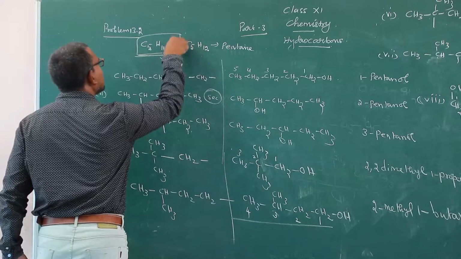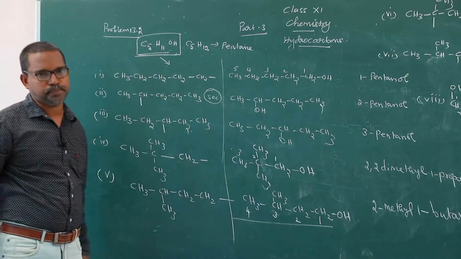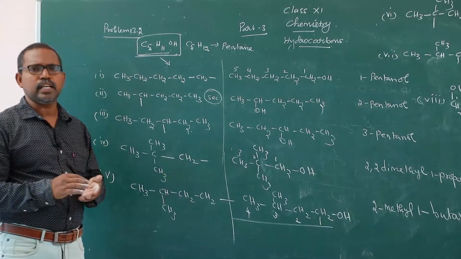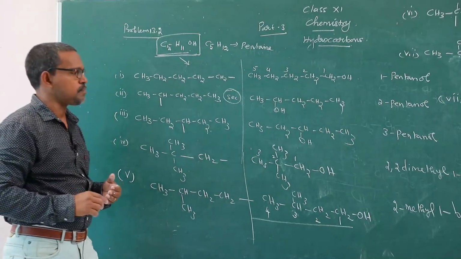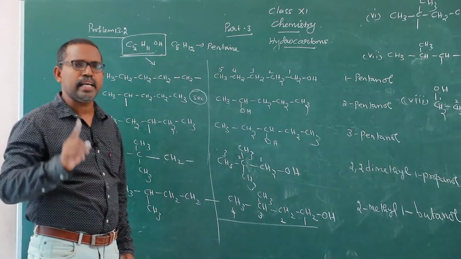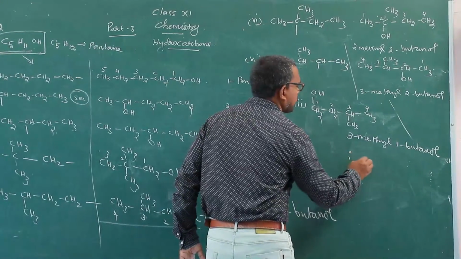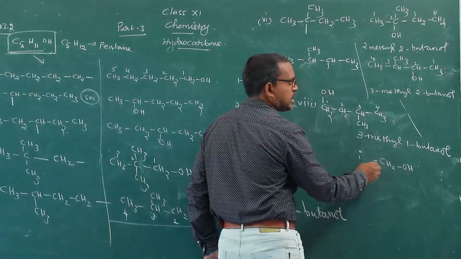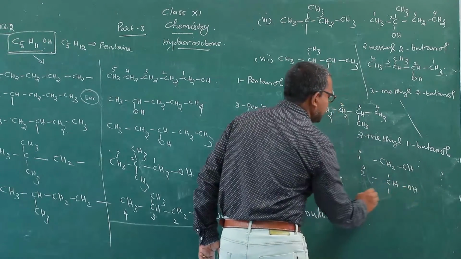So totally 8 alcohol forms of C5H11OH are possible. Under these compounds you must learn 3 terms. First of all, you should identify primary, secondary and tertiary alcohols. Primary: CH2OH, the OH group is attached to a CH2 group. Secondary: CHOH.